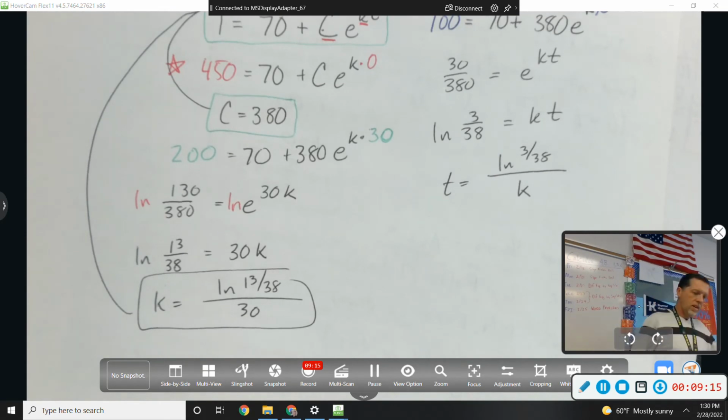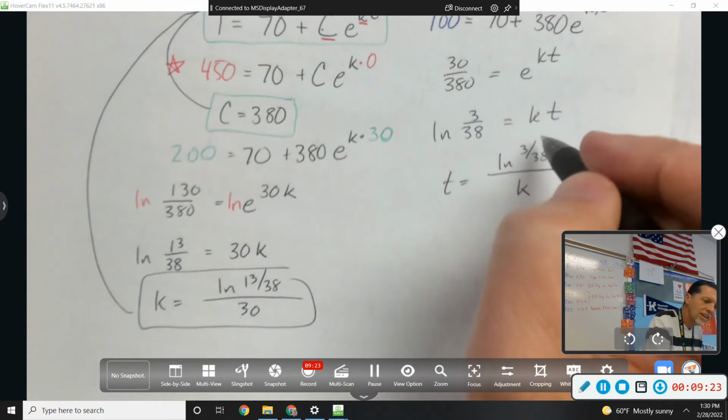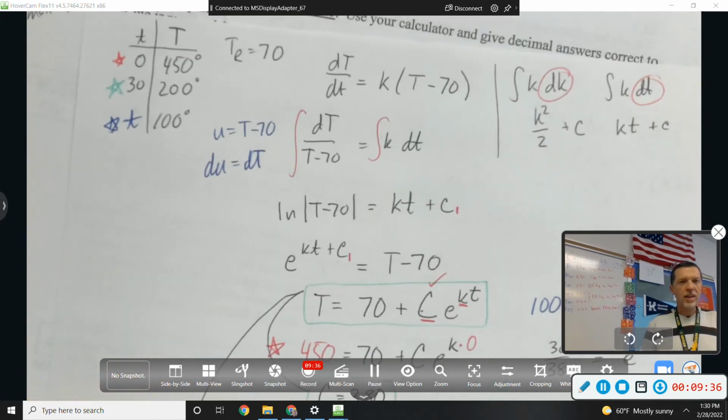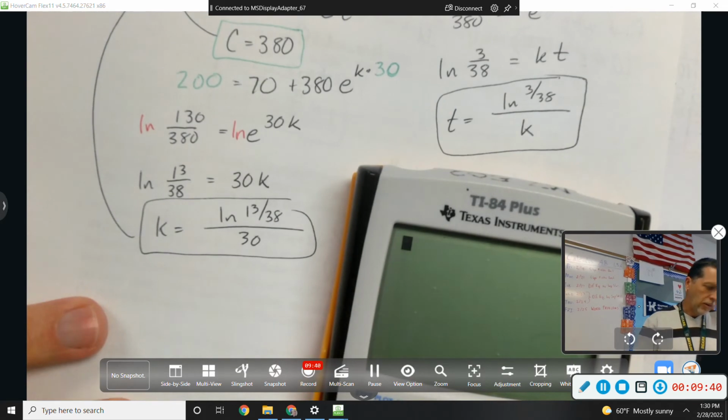And I mean, that's a safe stop. Like you've defined what k is. So you could leave that and be done. Like there's my time. If you want to know what it is, you type it into the calculator. Now, I'm curious because I want to see if it makes sense with the rest of this problem. So I'm going to find out what it is.